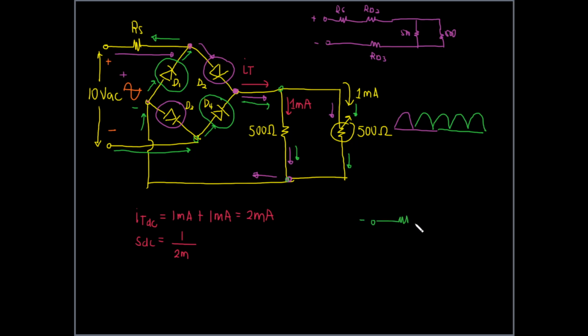So we'll approach a resistance, the forward bias resistance of D4, and then in series with the parallel combination of the two 500s again, and then going to D1.